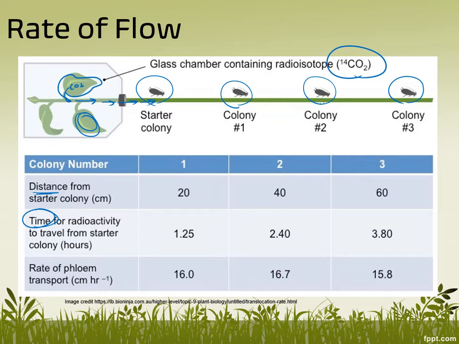And so maybe we start making that CO2. It takes an hour, 1.25 hours, an hour 15 minutes for that radioactive carbon to get from here to here. And then it takes this long to get from here to here. We can use that to measure the rate of the phloem because we know the distance between the colonies.